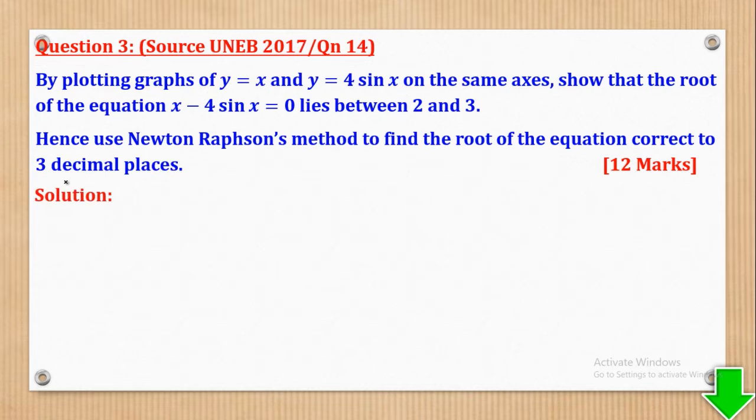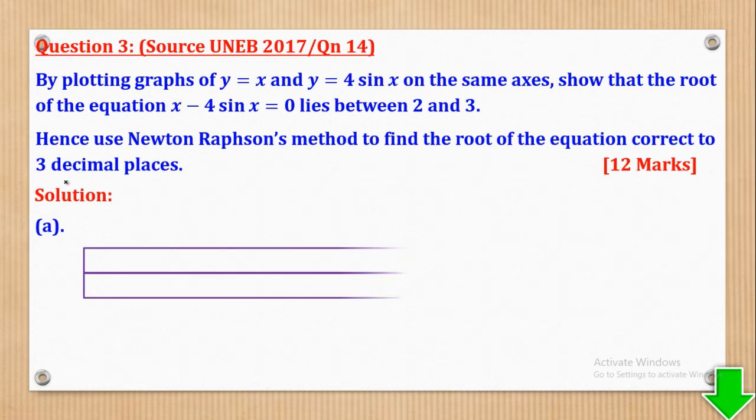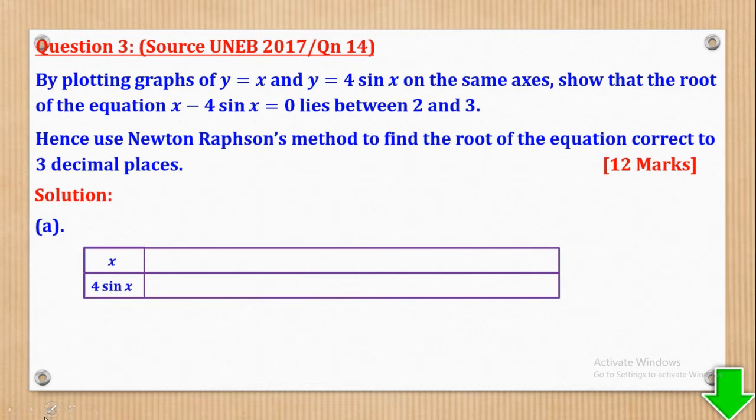So the first thing to do is to tabulate the values of y equal to x and y equal to 4 sine x. So we shall put x for y equal to x and 4 sine x for y equal to 4 sine x. Then when x is 2, remember we have to use this range. So when x is 2, 4 sine x is this. When x is 2.2, here we shall get that.